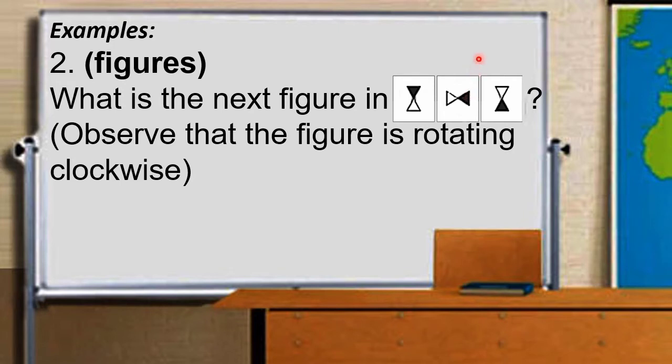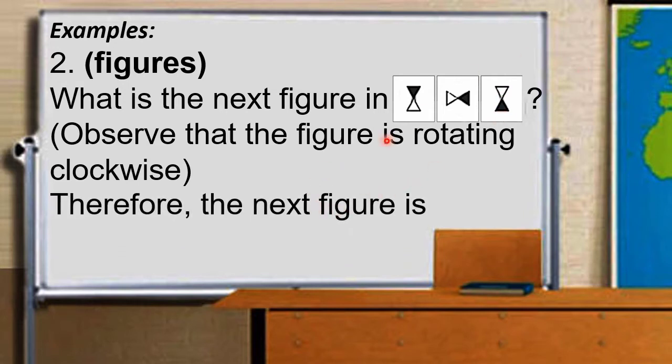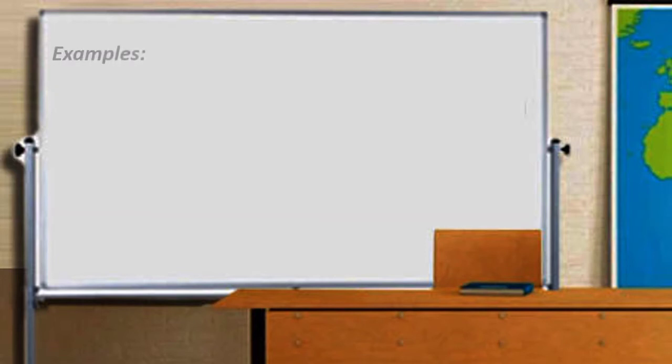And then, umikot ulit, napunta naman sa lower part. Okay, so ano ngayon yung next figure? So therefore, the next figure is, yes, mapupunta ngayon yung shaded part sa left side. Let's have our third example of sequence.